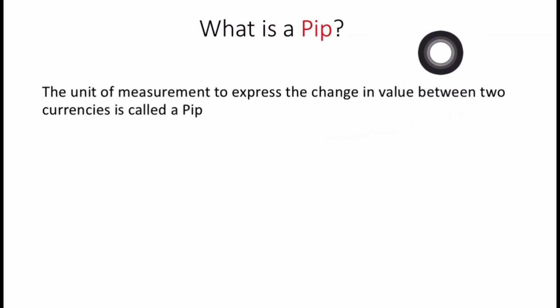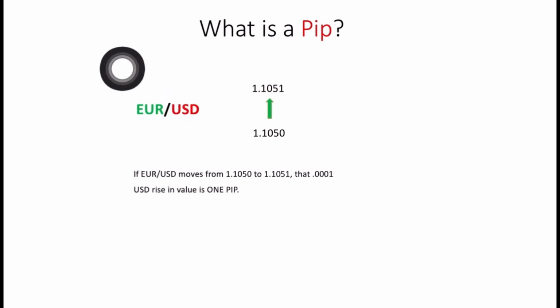What is a pip? A pip is the unit of measurement used to express the change in value between two currencies. Here you can see we have EURUSD, and remember, the Euro is our base currency and the USD is our quote currency. So we have 1.1050 and 1.1051. If EURUSD moves from 1.1050 to 1.1051, that 0.0001 USD rise in value is 1 pip.